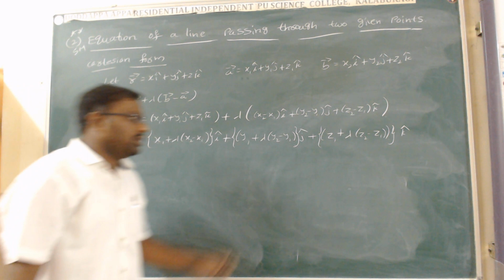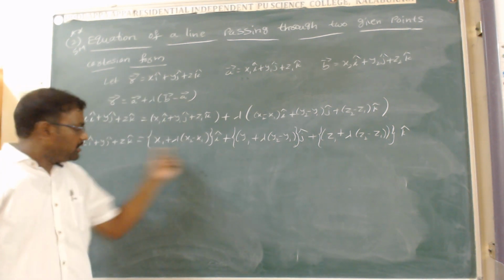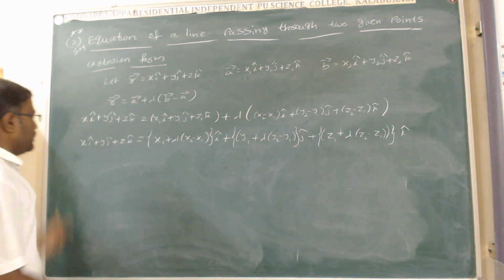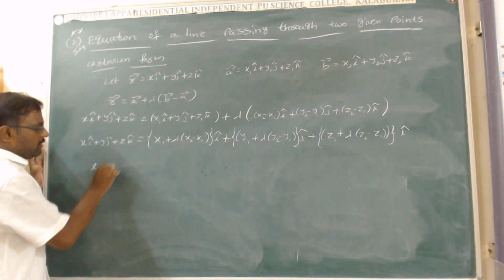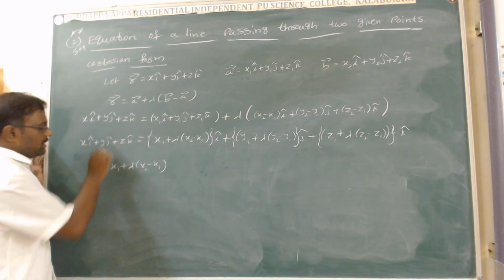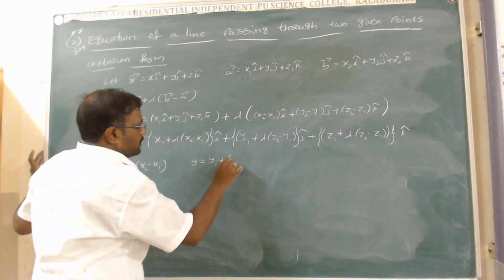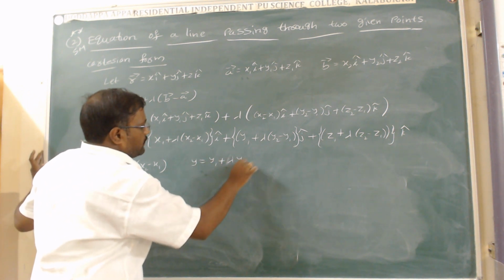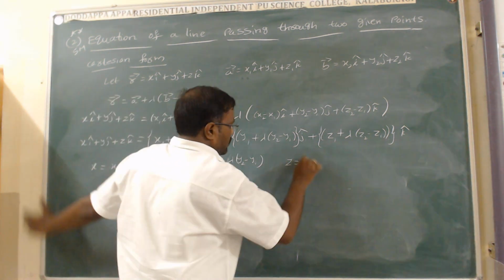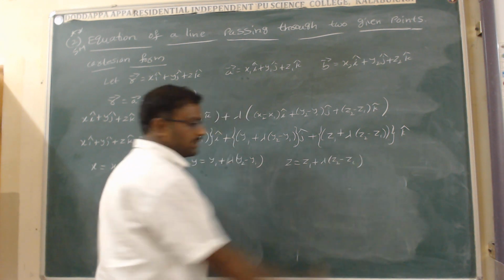Okay. Now you can equate the i term, j term, k term. If we equate, we get x is equal to x1 plus lambda of x2 minus x1. Similarly, y equals y1 plus lambda of y2 minus y1. Similarly, z equals z1 plus lambda of z2 minus z1.